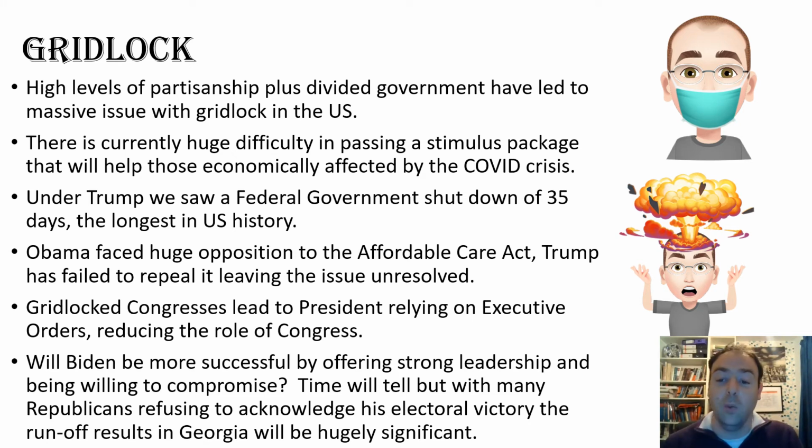And what impact will that have in Congress on those progressive liberal members when they're going, right, we want this, and they've got a president who can't deliver it because of the situation in Congress, some of which will depend on whether the Democrats can pick up both seats in the runoff in Georgia.